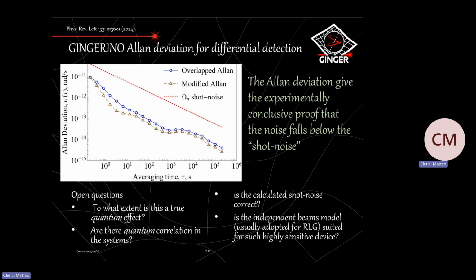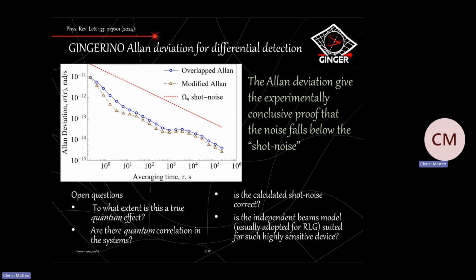What is sure is that so far the model that dates back to the late 80s of the last century, in the group of Marlan Scully, assumed that the two beams were completely independent, but the two beams are not completely independent because they share the laser medium, and they have cross-talk by the mirrors.